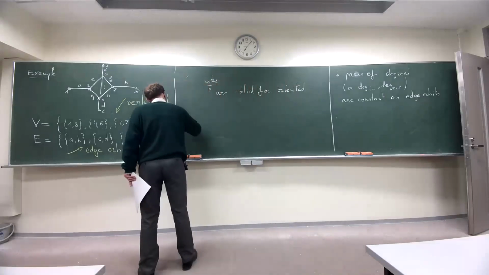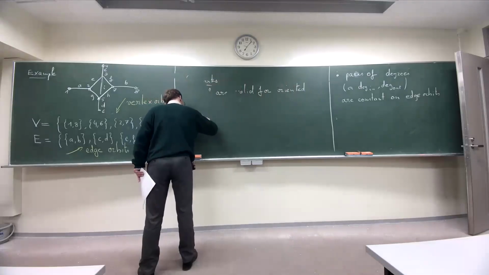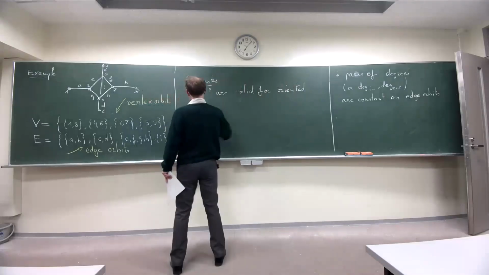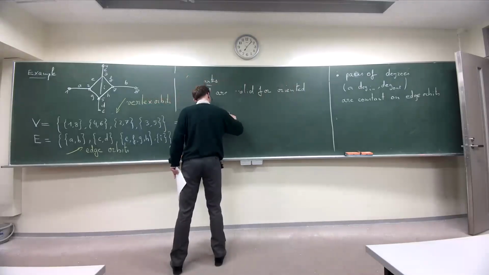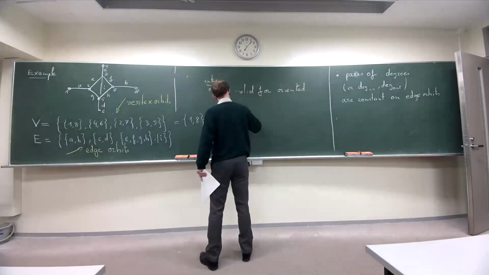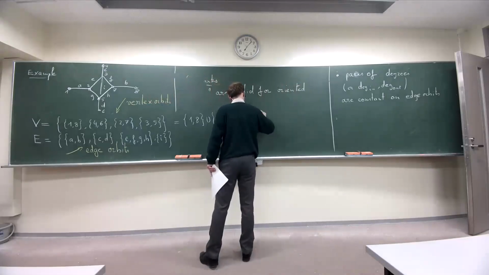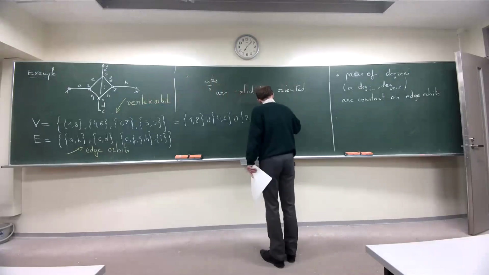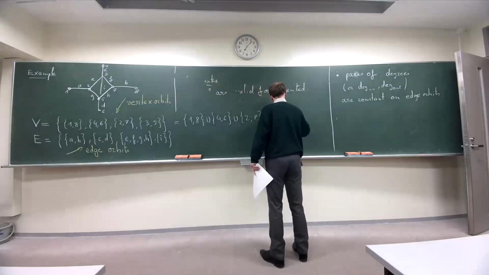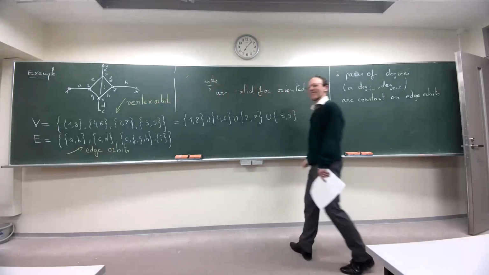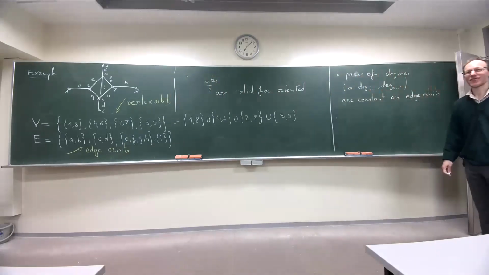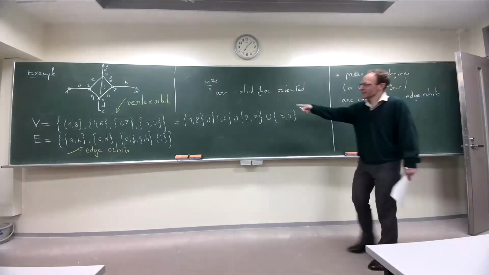So you want me to write 1, 8, union 4, 6, union 2, 7. Are you happier now? Do you feel more comfortable? Okay, yes, probably it was too short.